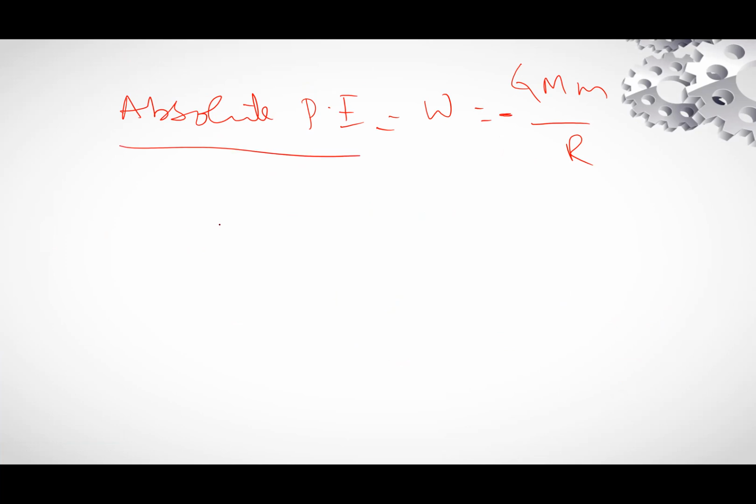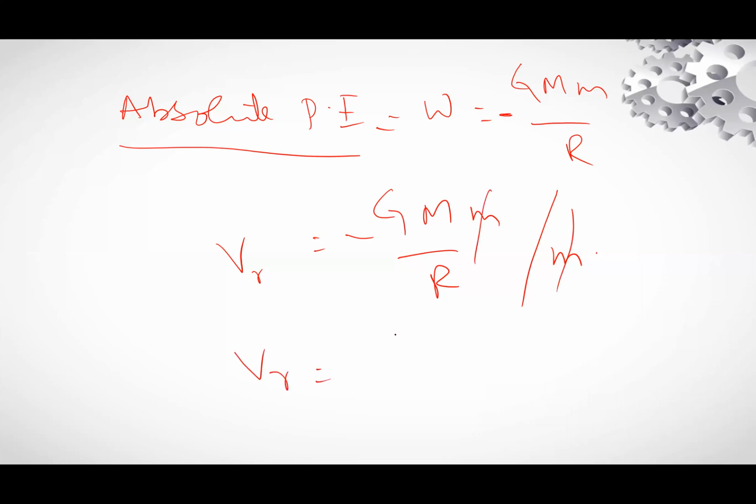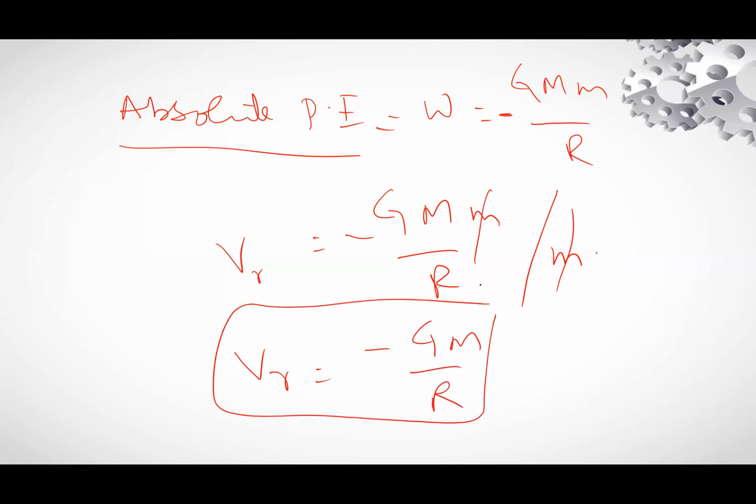Absolute potential energy is represented by V R, a specific symbol: minus GM m divided by R. When it is divided by m, you get the absolute energy per unit mass. So absolute potential energy per unit mass is GM divided by R, and it will always be constant.